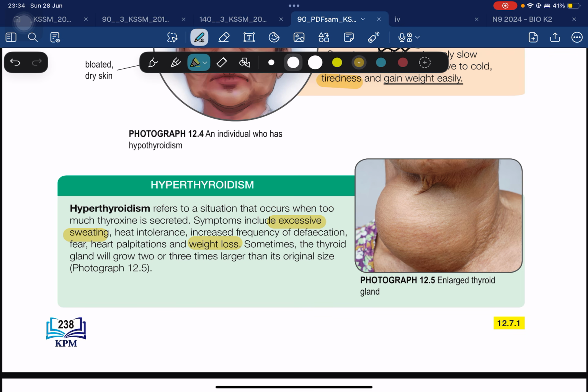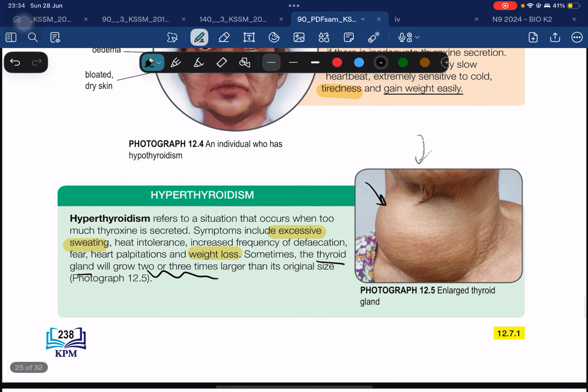And you can see, based on the picture given, what can we analyze and know. The thyroid gland becomes bigger, two or three times the original size. It looks bloated, or you can say swollen, an enlarged thyroid gland.